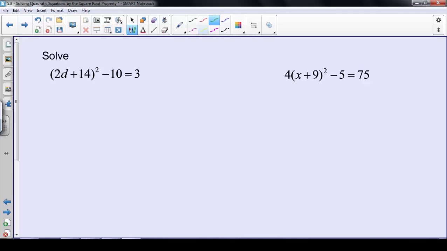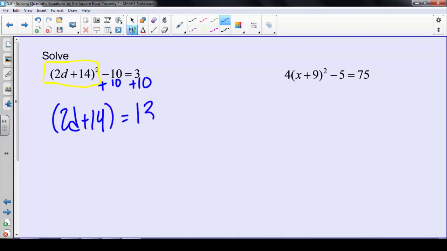Now notice in this one, the squared quantity is not by itself. We need to get that by itself in order to use the square root property. So you got to start by moving over this 10. Now take the square root of both sides.